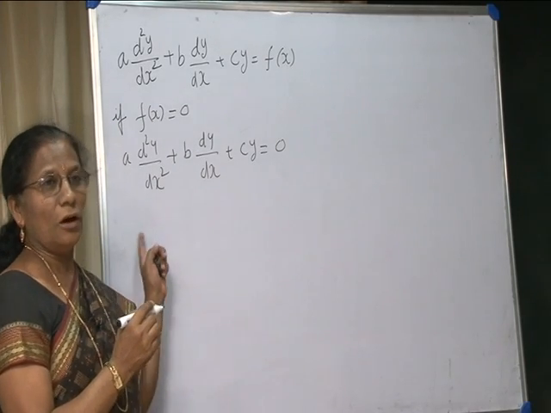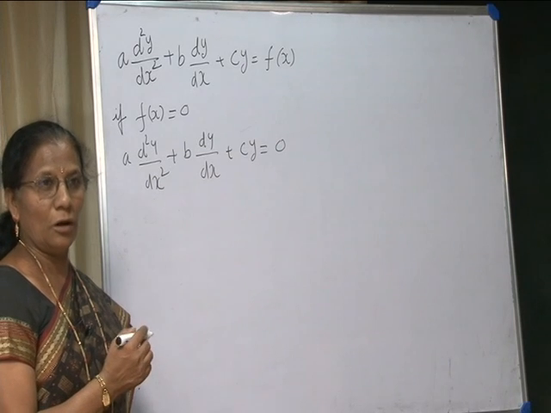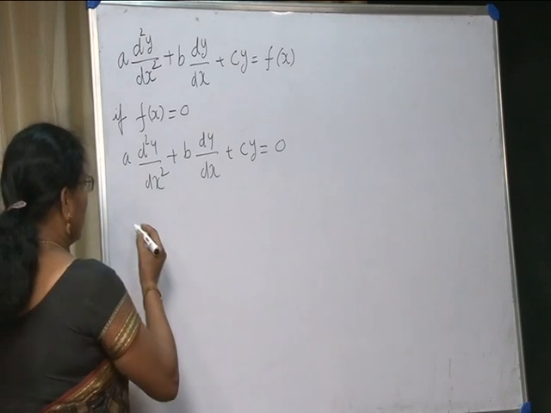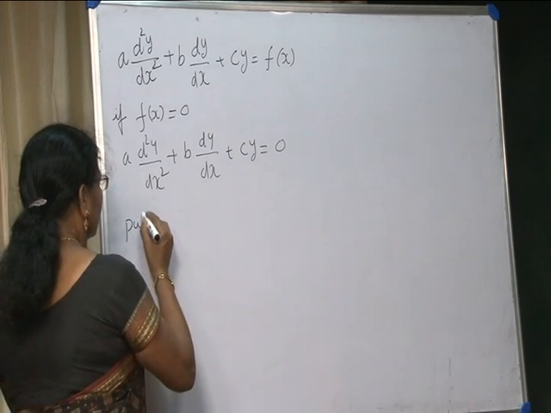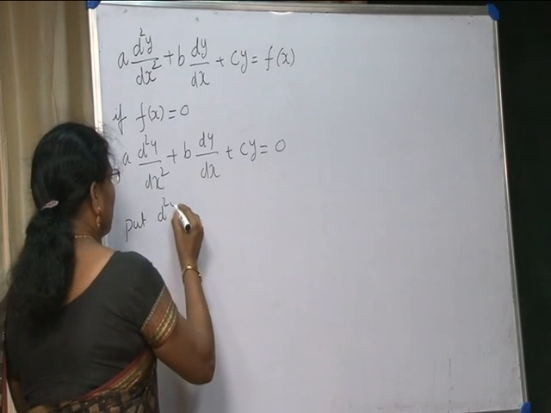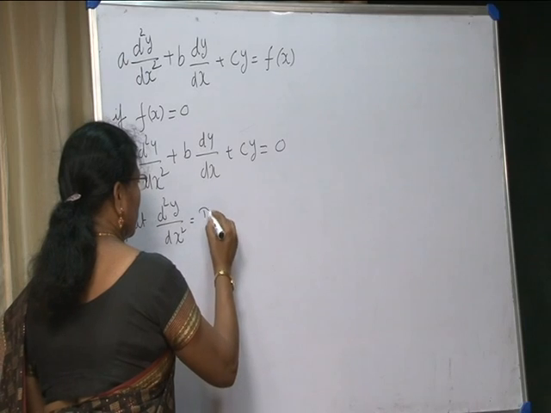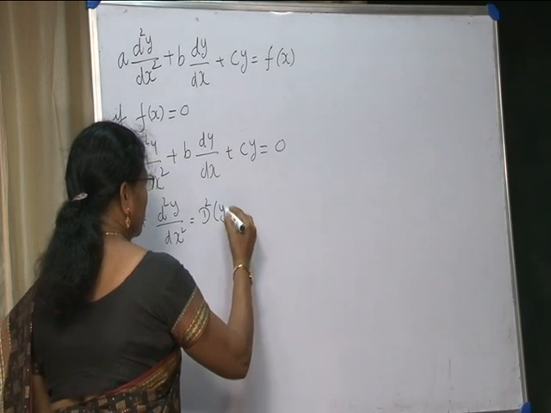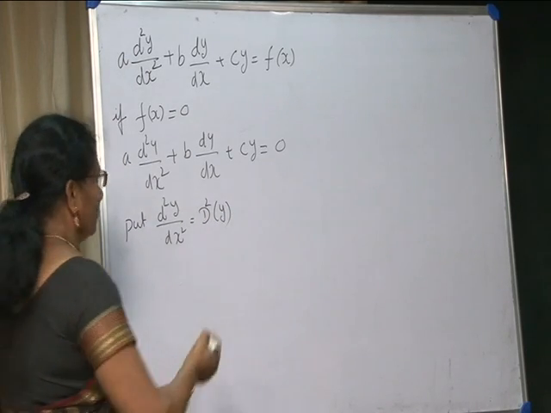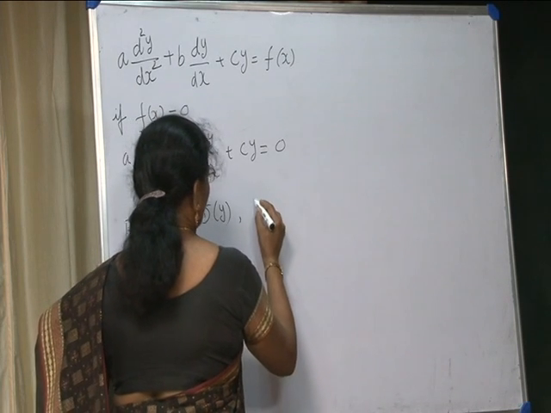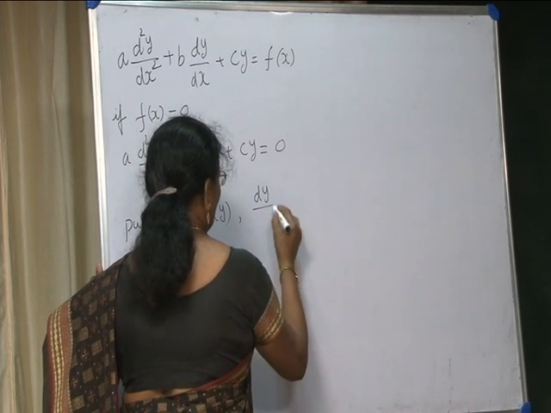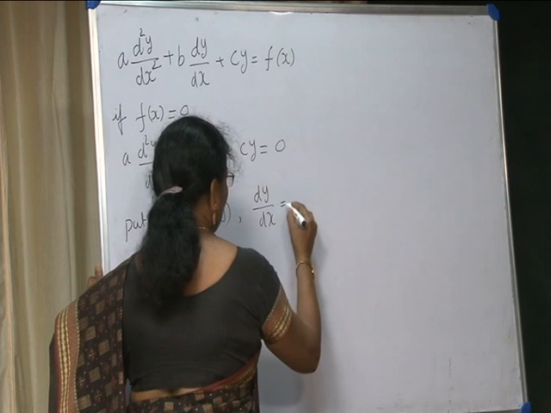Now we will see how to solve this equation. Put d squared y by dx squared is equal to d squared y and dy by dx is equal to dy.